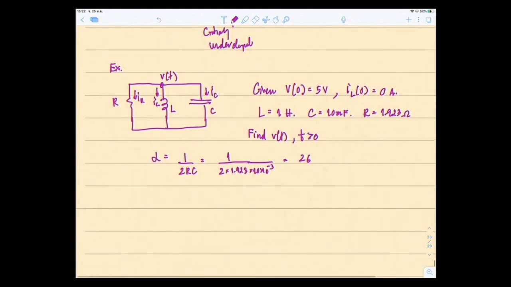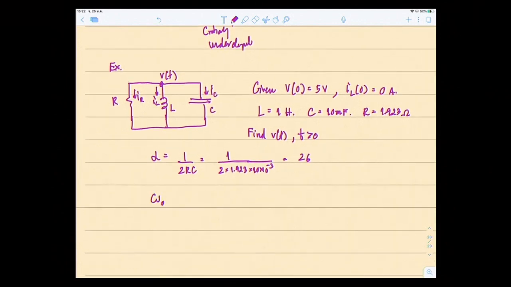Omega naught is 1 over square root of LC, so it's equal to 1 over square root of L is 1 Henry times C is 10 times 10 to the minus 3.